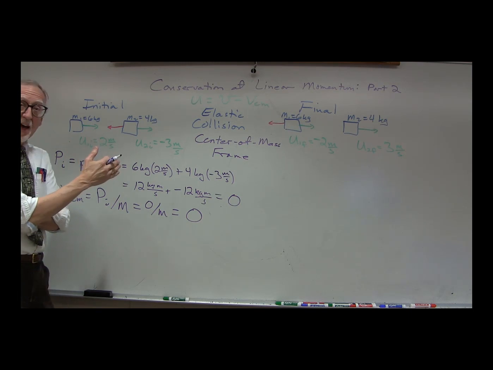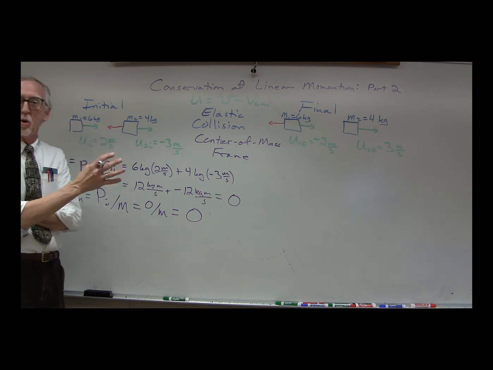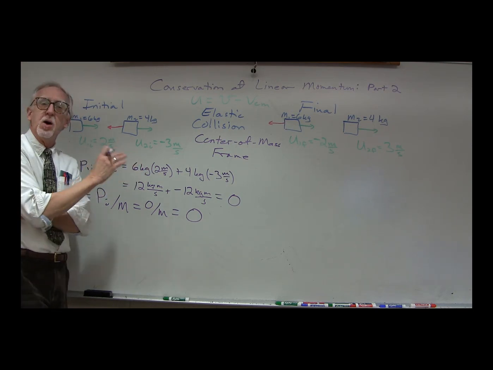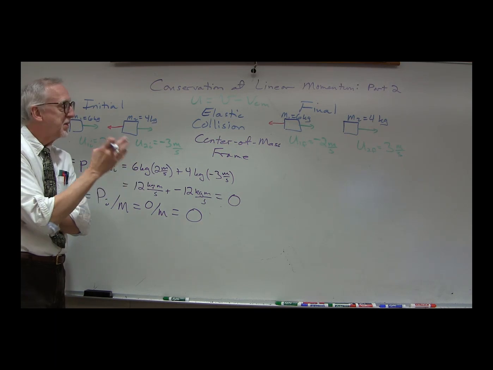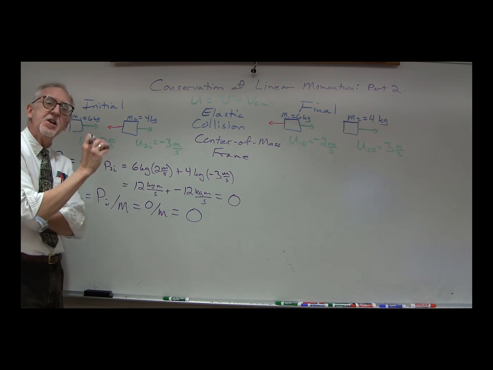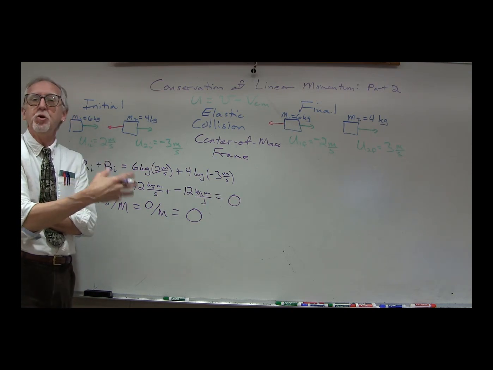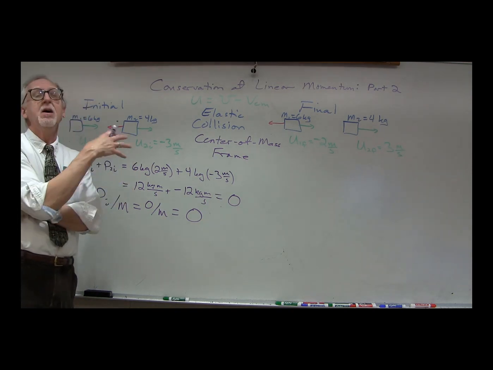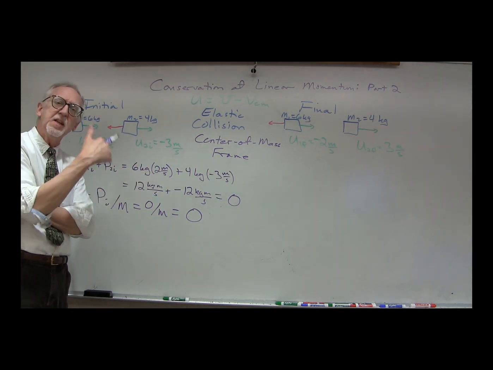When we were looking at the kinetic energy earlier, we looked at the total kinetic energy. We just summed up 1/2 mv squared for both masses. That was the total kinetic energy. But then we looked at the kinetic energy of the center of mass. In other words, how much energy did the motion of the center of mass contribute? And we calculated that. And we got a value that was less than the total.